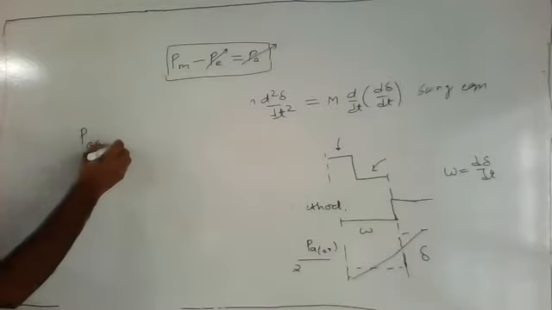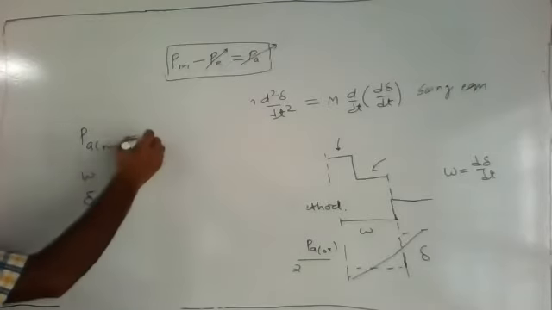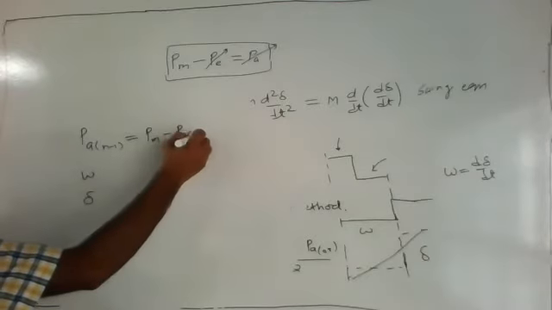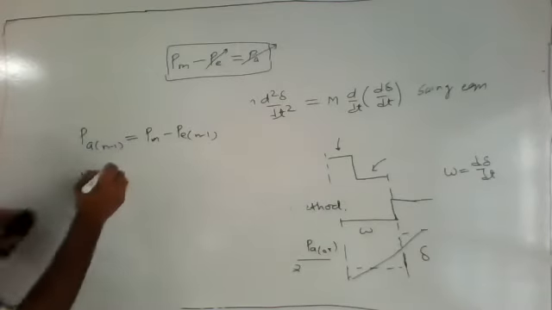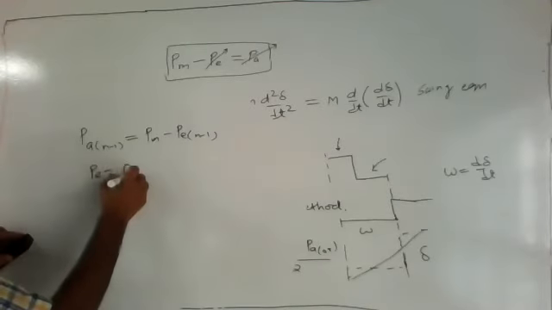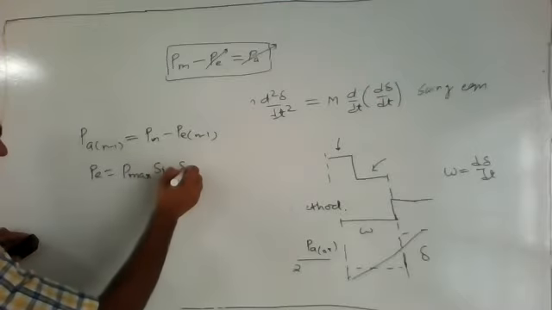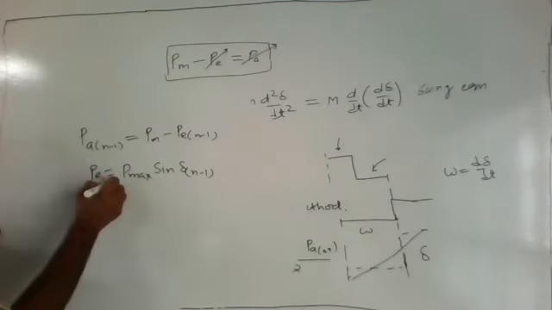PA n minus 1 equals PM minus PE n minus 1. And you know PE is Pmax sine delta, where delta we take at n minus 1. So this is PA n minus 1.